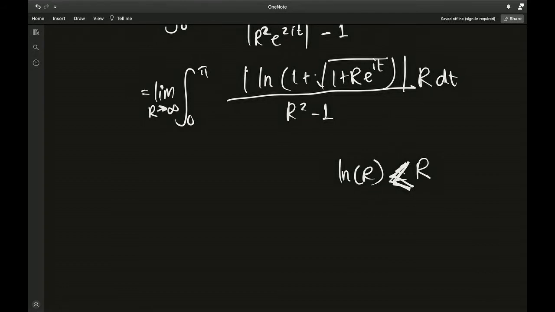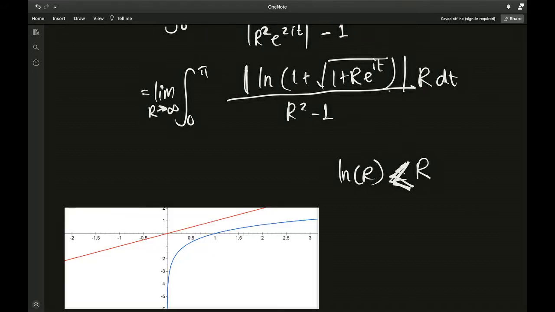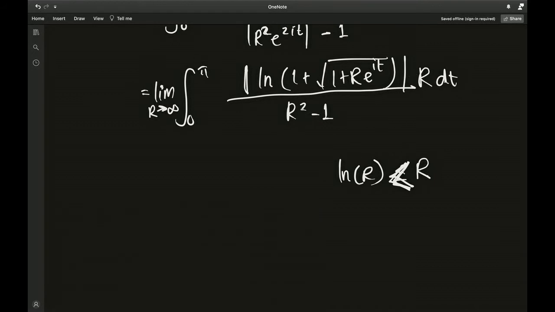So this guy in mod will always grow less than r, and that means r squared in the denominator. So there's a polynomial of degree 2 and a polynomial of degree 1 multiplied with something that's less than a polynomial, which means the denominator is going to win this tug of war.